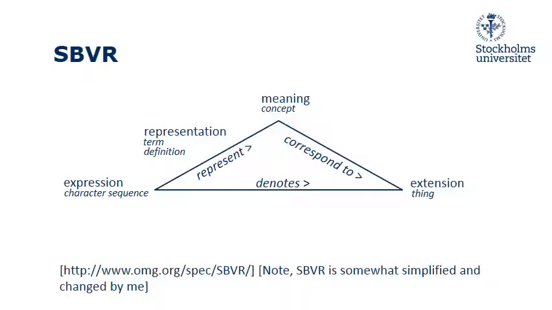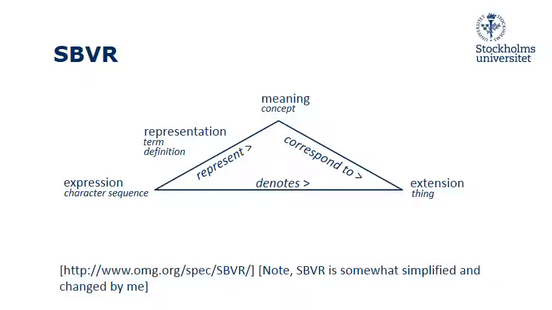SBVR also presents a semiotic and semantic triangle, and you see it here. You recognize that we have the extension on the right side, we have the meaning at the top, but then you can see that they make a difference between representation and expression here. In the previous slide, we didn't make this difference between expression and representation.